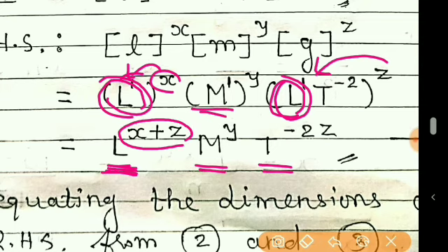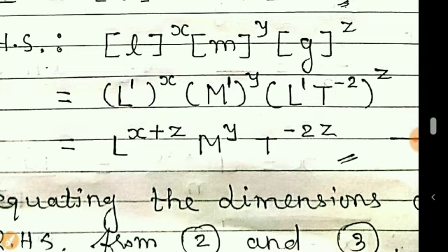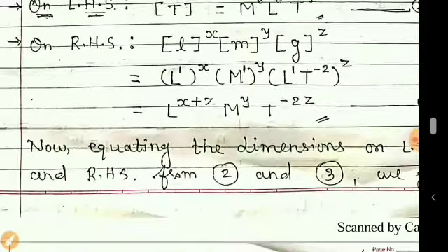Mass is only 1 here and its power is y, so simply M raised to y. T is here and its power is z into minus 2, that is minus 2z. So on the right hand side we obtained this.